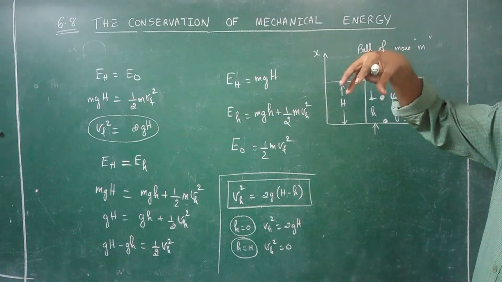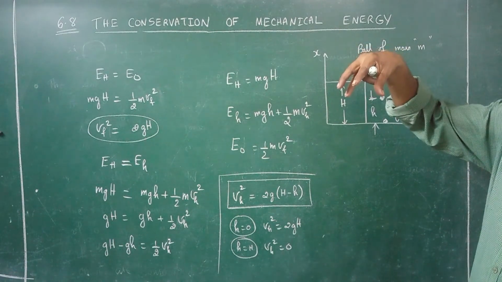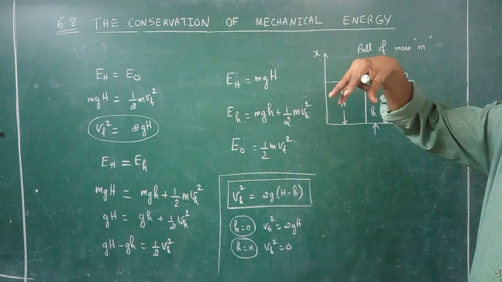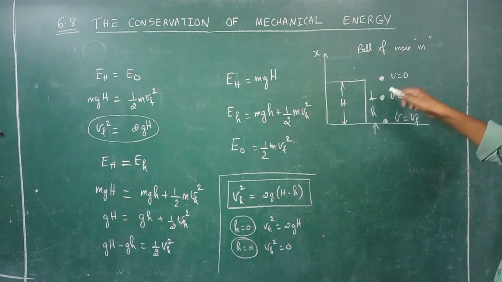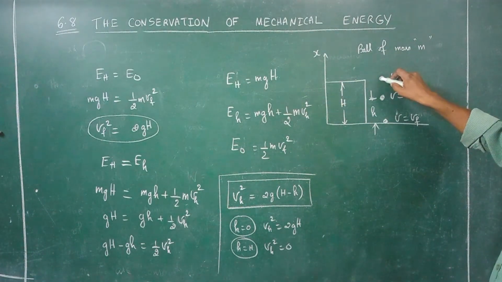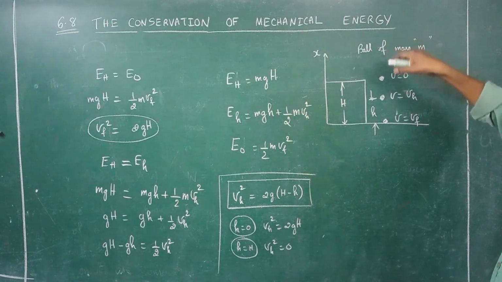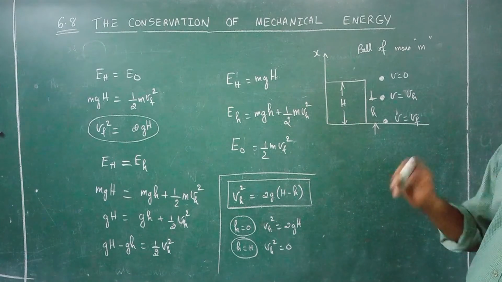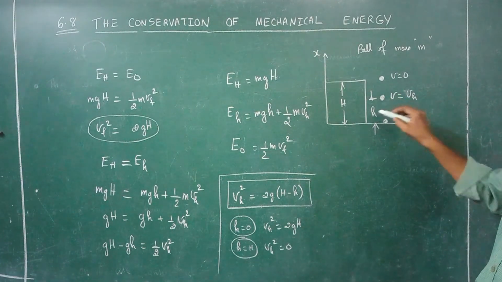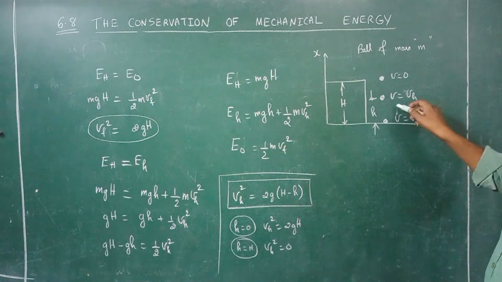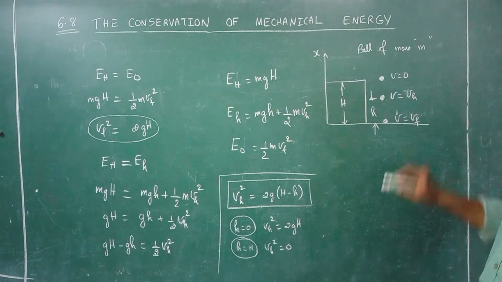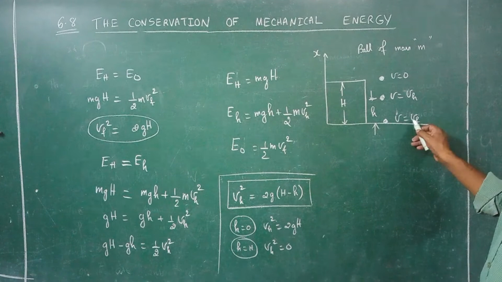So at this point it is a constant. It is not moving. Therefore, potential energy and kinetic energy, both the energies we have, but kinetic energy is equal to 0. So at this point we have potential energy. When we release the ball, it occupies some point in the space, and that height will be defined by small h, and the velocity at this point will be vh, and when it reaches the ground we have the final velocity.